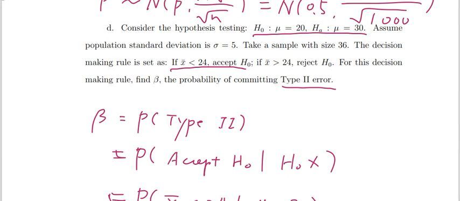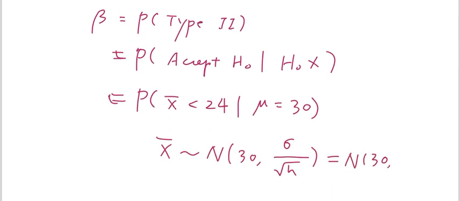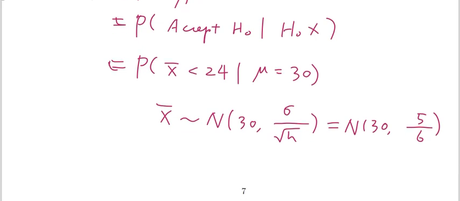Sigma equals 5, n is 36, so the square root is 6. So such a problem is just to find a normal distribution probability. We know something follows this normal, and we want to find this probability. So such a problem is also easy, right?